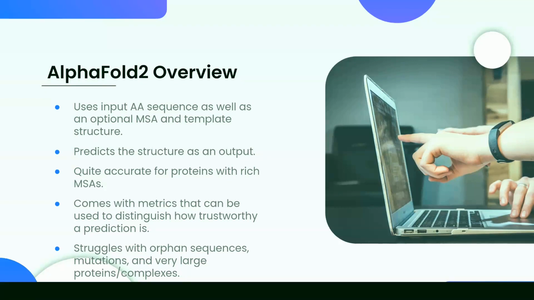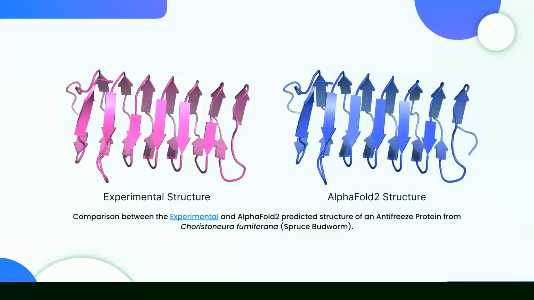You can't really produce a good MSA for them. It struggles with mutated sequences. It's very, very bad at predicting the effects of mutations. And it struggles with proteins that are very large or complexes that are very large. Although recently, thanks to Multimer v3 that was released by DeepMind, we have seen a very, very strong improvement in terms of predicting very big complexes and multimers.